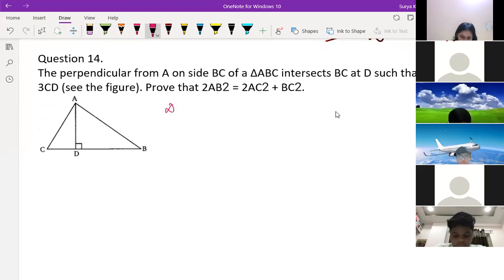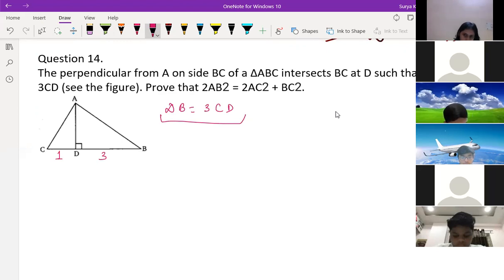If they have given DB is equal to 3CD, which is greater here? DB is more, right? So DB is 3 and this is 1. Correct?